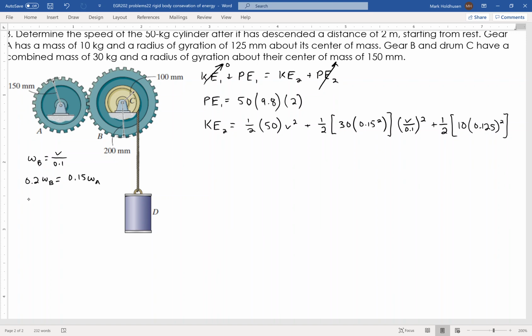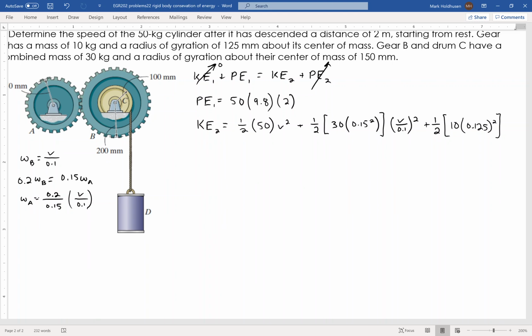That means omega a equals 0.2 over 0.15 times v over 0.1, which comes out to be 13.3 when I do all that.